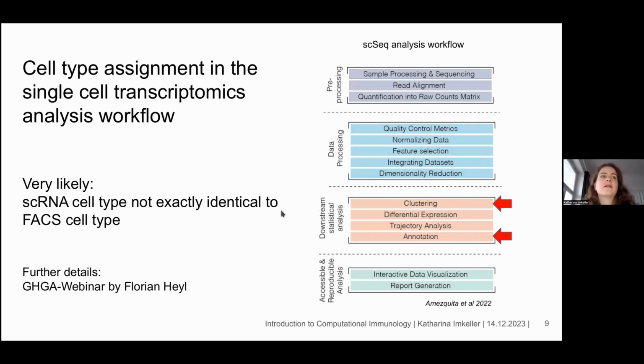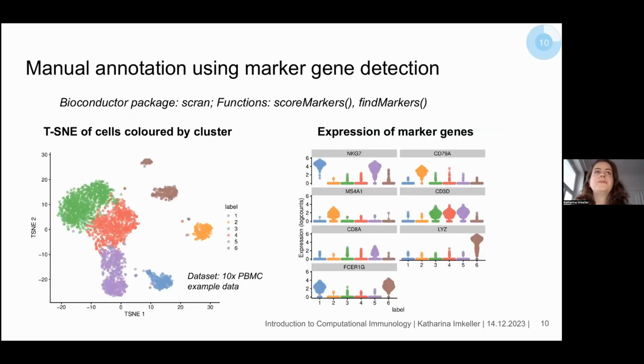One thing to keep in mind is that the cell types that will be identified using single-cell RNA sequencing data will probably not be 100% the same as the ones that would have been identified using FACS markers or flow cytometry, because the expression of the surface markers on the cells is not 100% related to the expression of the genes in the cell.